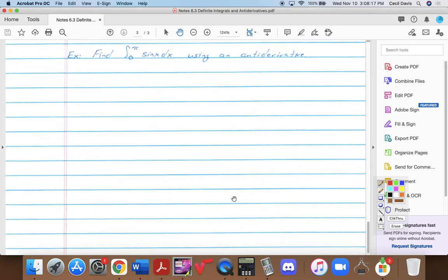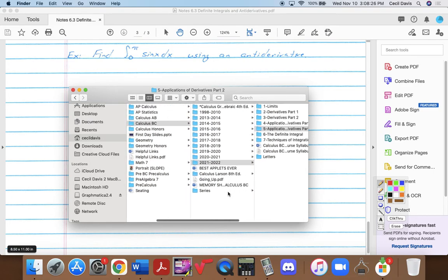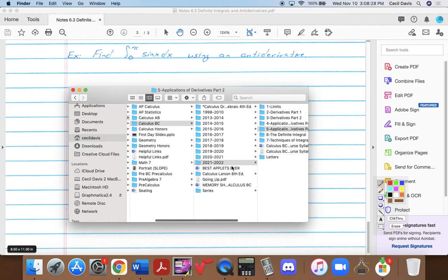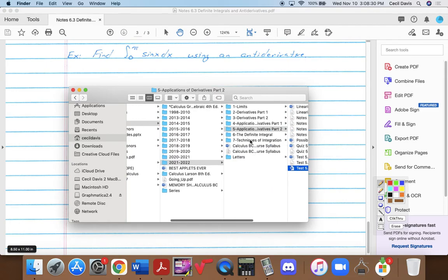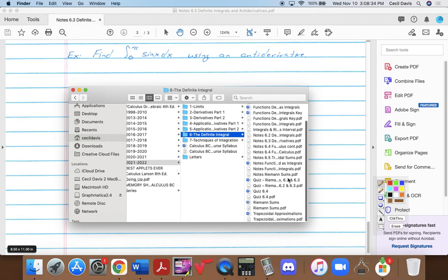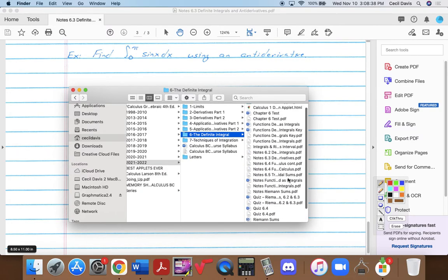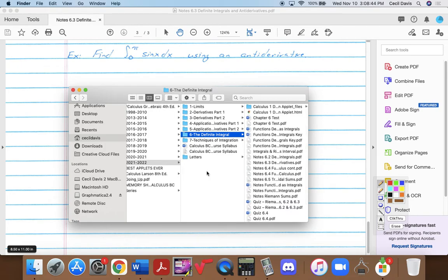I do want to, though, spend a little bit of time. I know we don't have a ton, but I do want to show you this deal with Riemann sums. I got to be able to find it, though, first, real quick. Definite integrals. I don't know where it is. I have a copy of it, though.